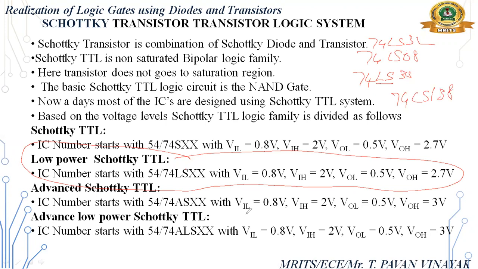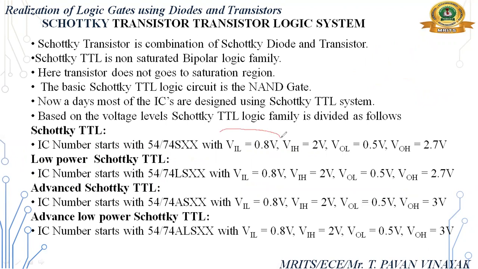In lab we use mostly 74LS TTLs. VIL is common for all of these, and VIH also is common. The only difference is VOH for these two.